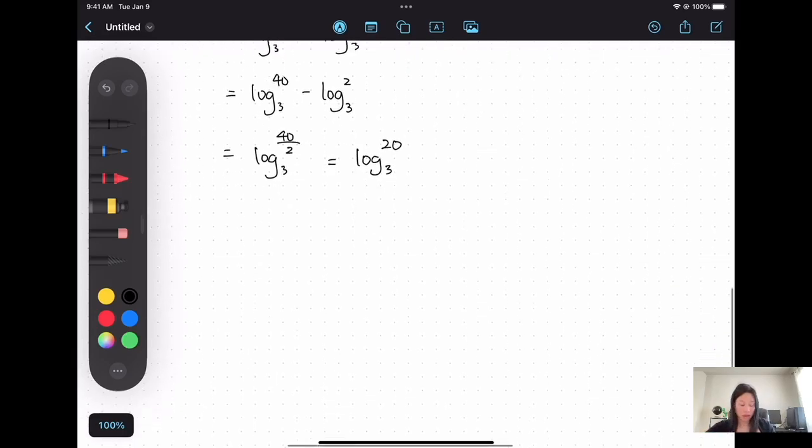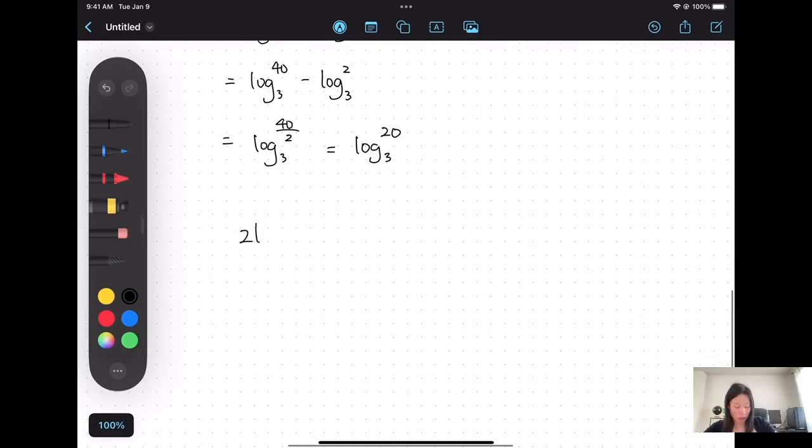Okay, another example is I have 2 times log 5 plus log 4. So this is the common log, right? Which is base 10. All right, so the first thing is I want to write it as the same log. So this one, they have a 2.